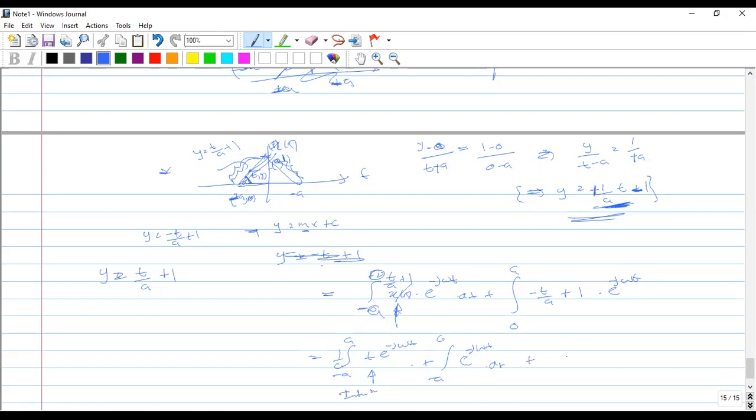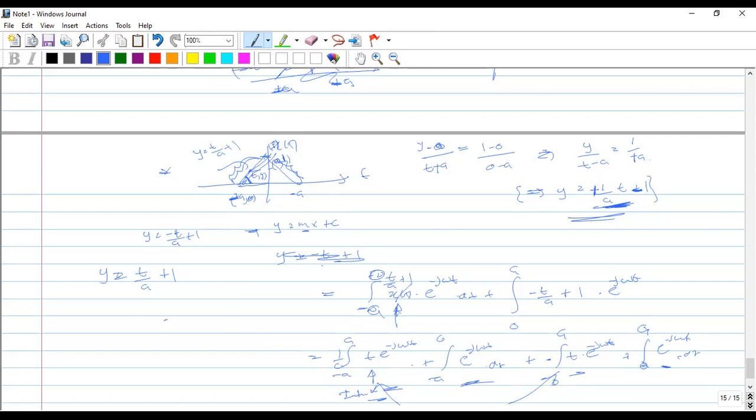And also you have 0 to a, minus t e to the power minus j omega t, and also minus a to a, sorry, 0 to a, e to the power minus j omega t. So you have to integrate these 4, and this one you have to integrate by parts. But this one and this one you can integrate quickly, and try to find the Fourier transform of this one.